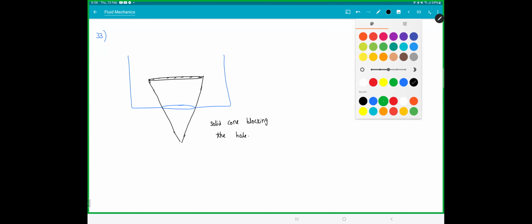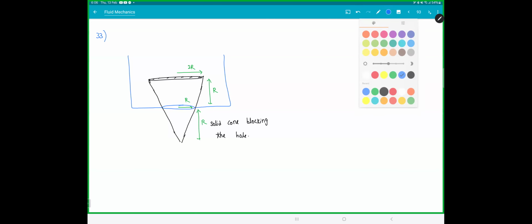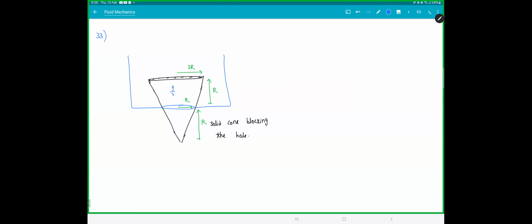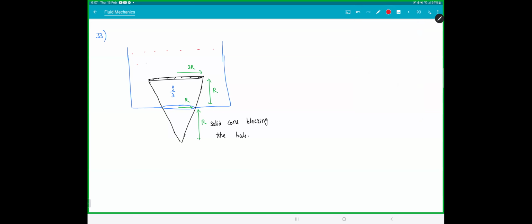The cone's radius is 2r. This hole's radius is r. This is r, this is r. So the cone's height is 2r, radius is also 2r. Let's say the cone's density is rho by 3. Now you started pouring the liquid. Let this height be h. The liquid's density is, let's say, rho.